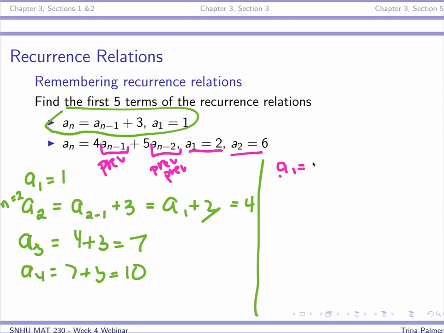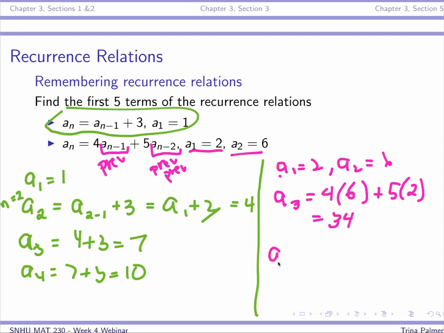So a sub 1 is given, a sub 2 is given, so a sub 3, now using our formula, a sub 3 is 4 times the previous term, which is a2, which is 6, plus 5 times the previous term, which is a1, which is 2. So 4 times 6 is 24, 24 plus 10 is 34.